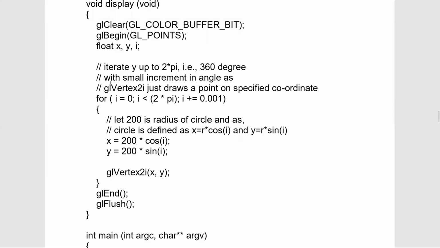Again, I am repeating, this glVertex2i function is able to draw a point, say a vertex, on the specified coordinates.